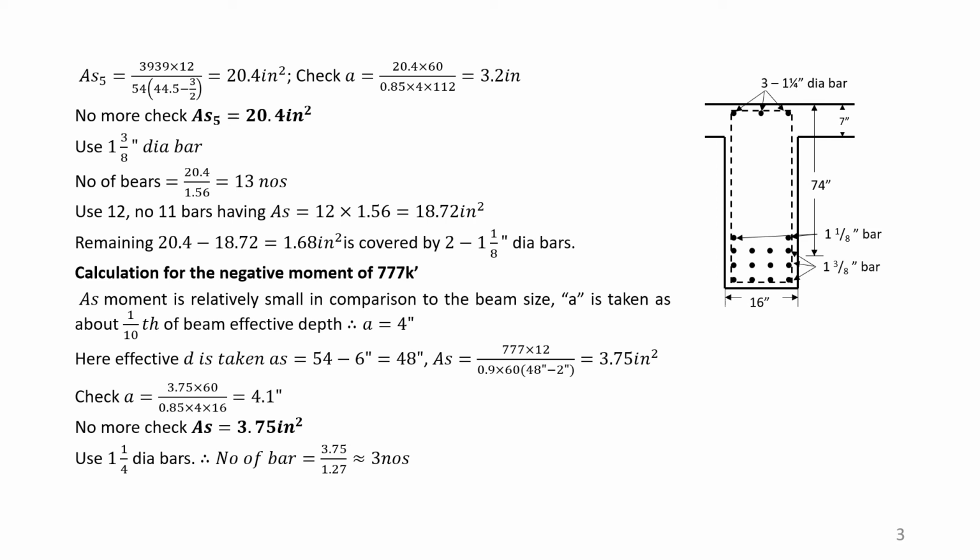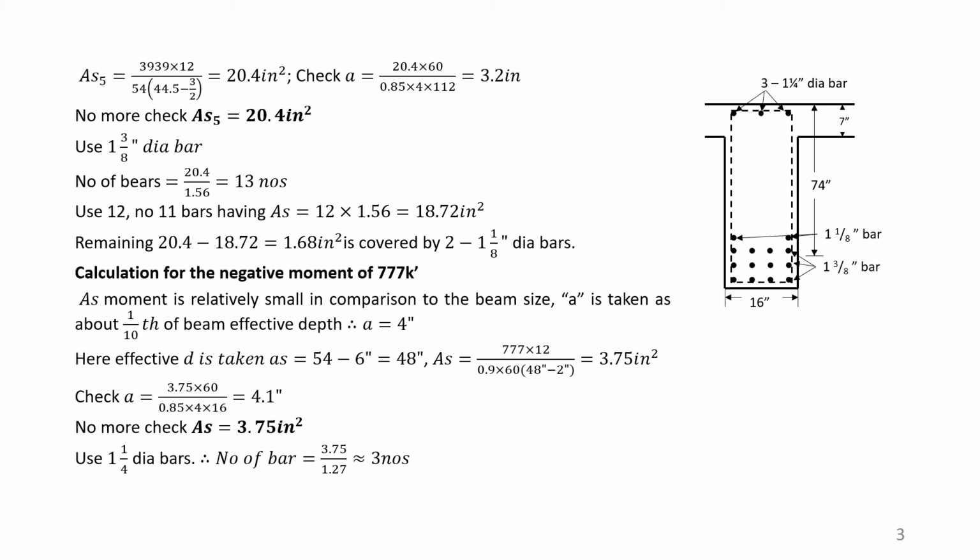Normally, as I have taught in the general class, if a normal beam is to be designed for tension steel, then we take the A value as 1/4 of the depth of the beam. But here, in comparison with the section of the beam, the moment is a little smaller.